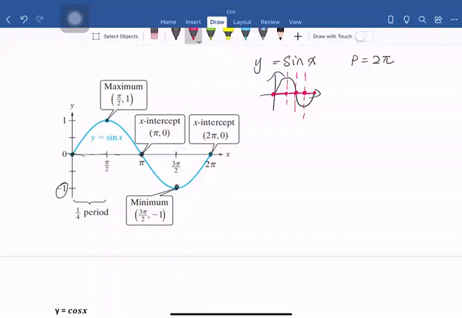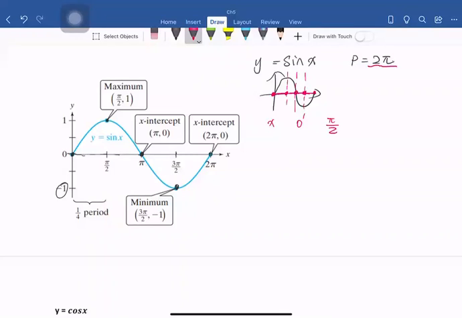So the first important one is x equals 0. And the second, here, is pi over 2. Why? Do I have some specific way to memorize the second point? Because we divided into 4 equal parts, I can divide the period into 4 parts.